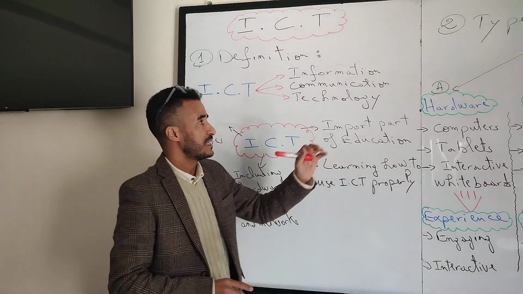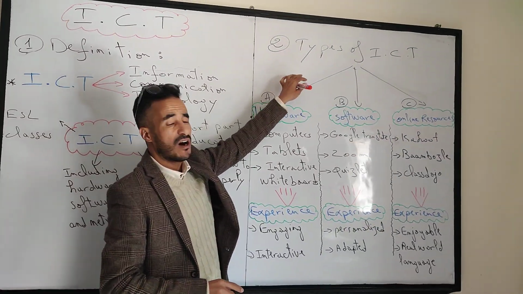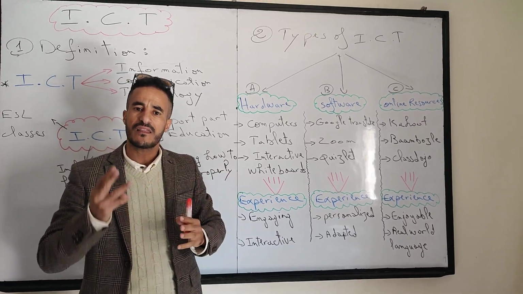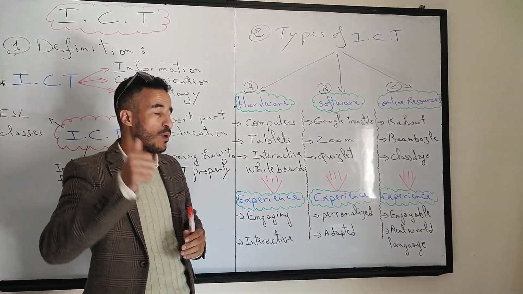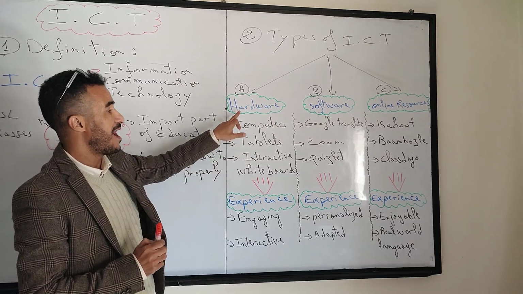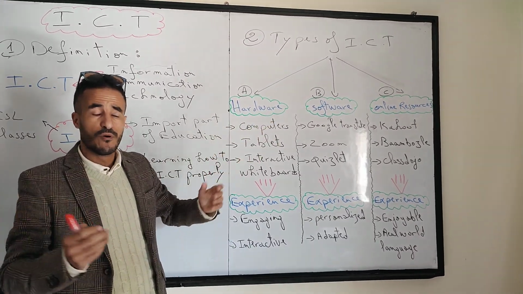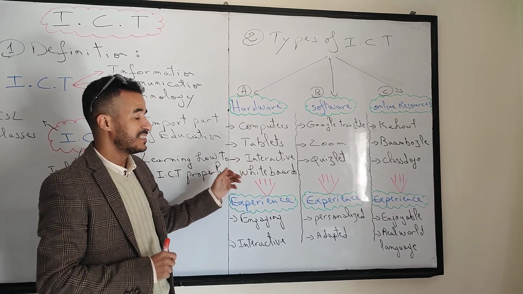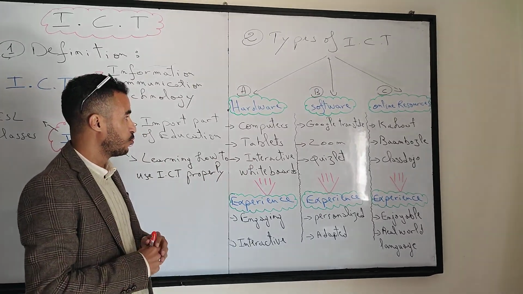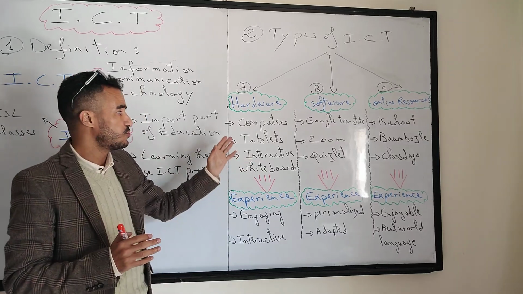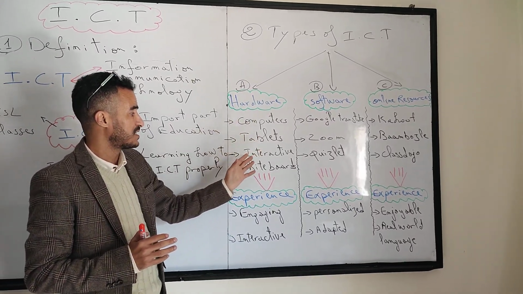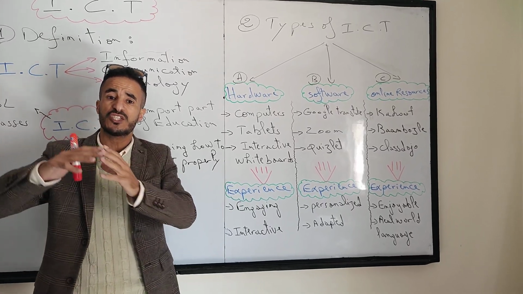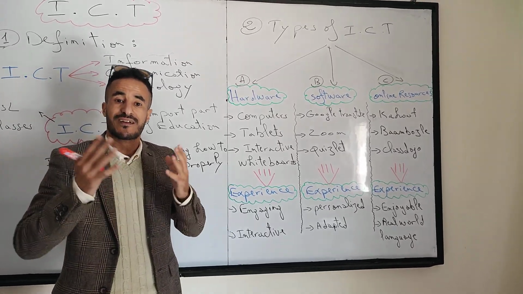Great. So look here. Number two, what are the types of ICT? So basically, there are three major types. Number one, as I said earlier, hardware. Examples of the hardware are computers, tablets, and interactive whiteboards. So when teachers use computers, tablets, interactive whiteboards, it's a kind of combination between traditional content and digital content.